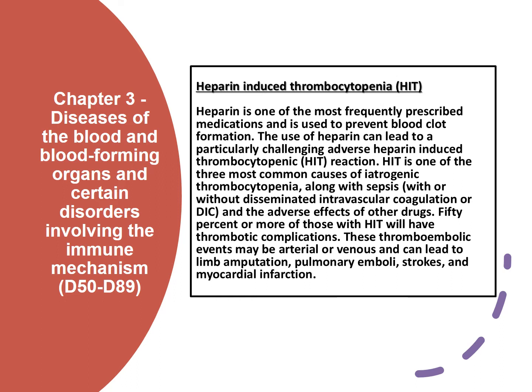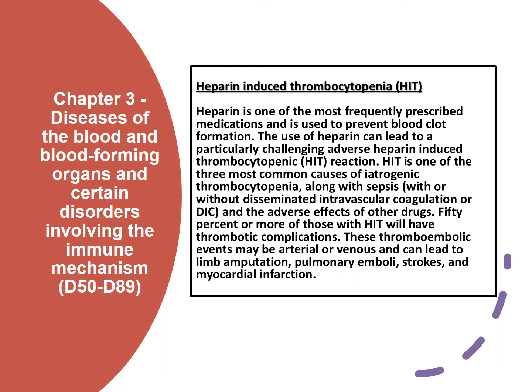It forms new blood clots rather than preventing them. Usually, heparin prevents clotting and does not affect the platelets or the components of the blood that help to form blood clots. In response to heparin, the immune system triggers and causes a low platelet count. That is heparin induced thrombocytopenia.